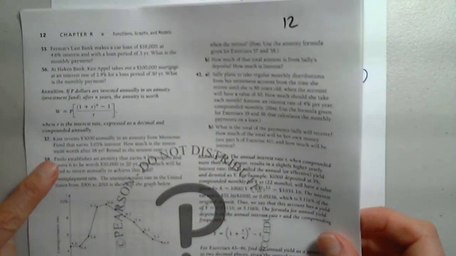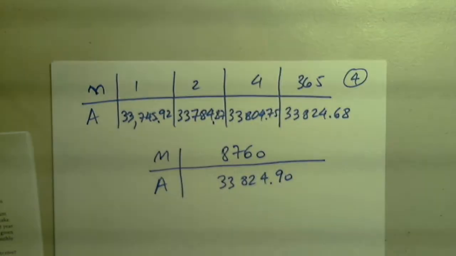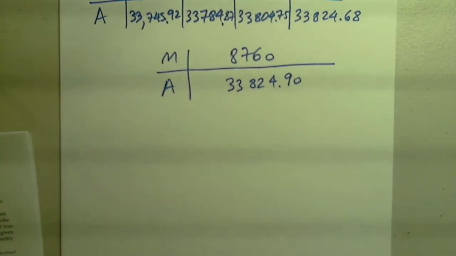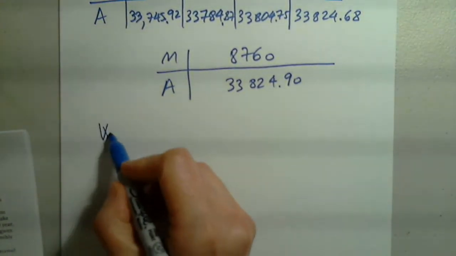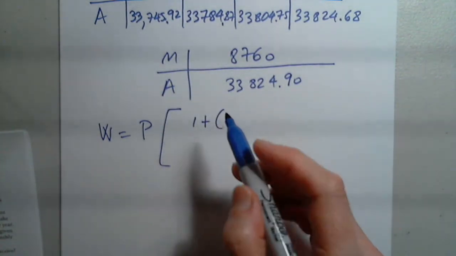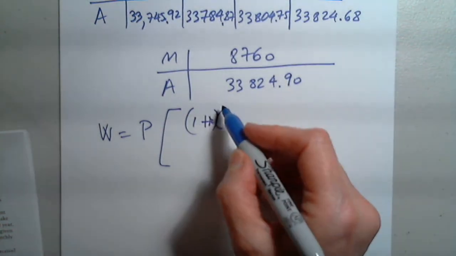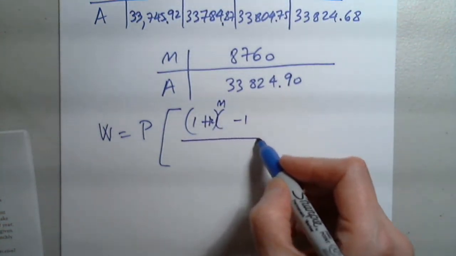Okay, so I'm looking at the next situation. Something called an annuity for an investment fund. So I'm going to copy the formula. Principal times the bracket of 1 plus r to the nth power minus 1, divided by r.